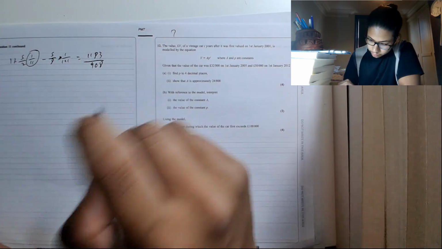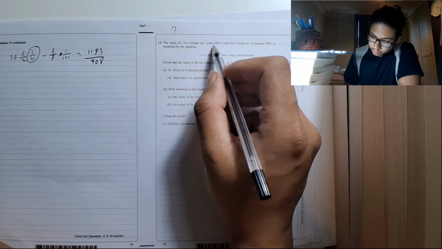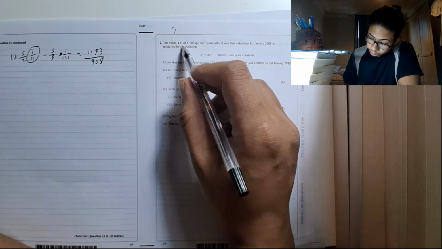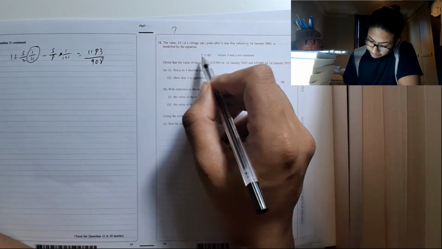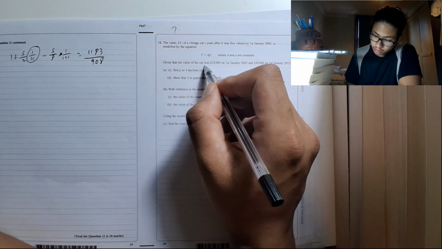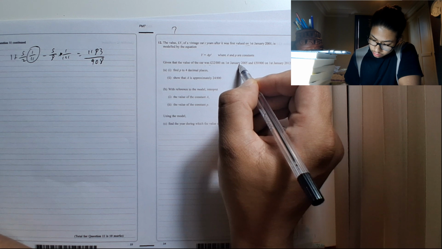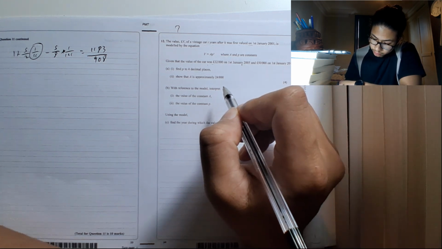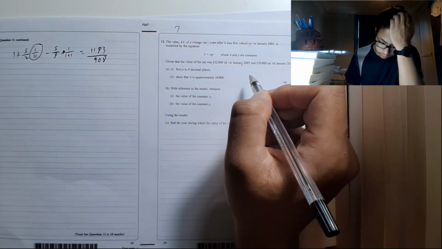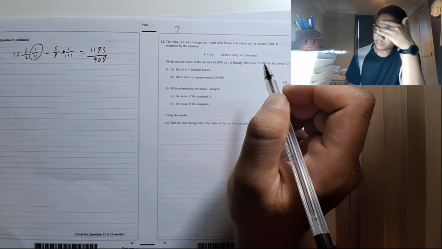The value given that the car, so it's going up in value, not down. This looks like a simultaneous equation.